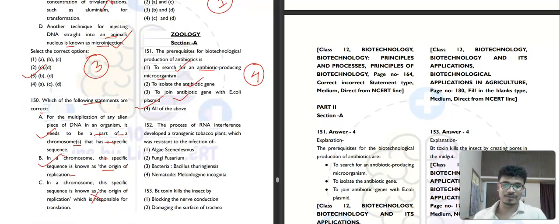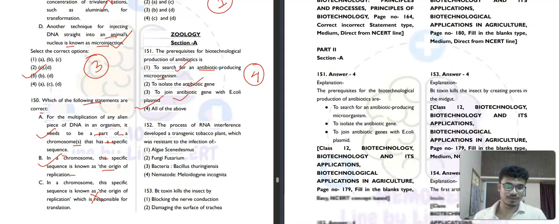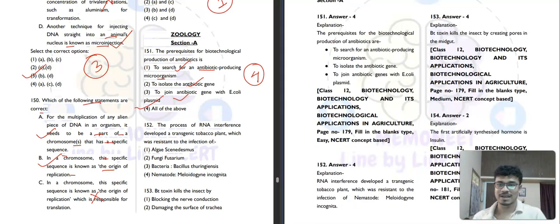Then question number 152. It is saying that the process of RNA interference developed a transgenic tobacco plant which was resistant to infection of algae, fungi, bacteria, Bacillus thuringiensis, nematode, Meloidogyne incognita.